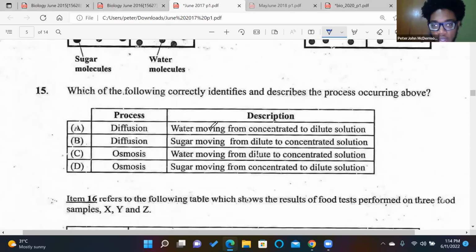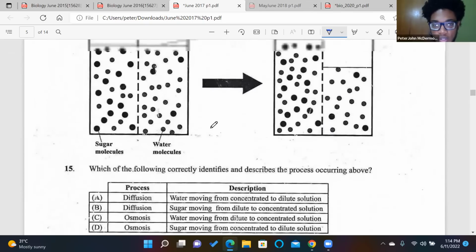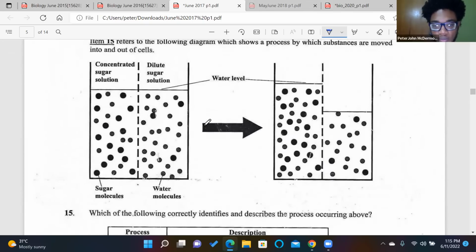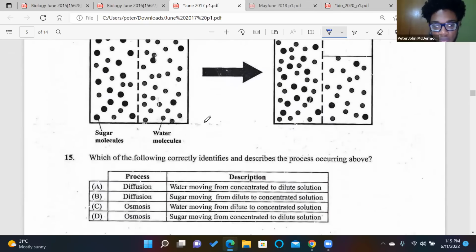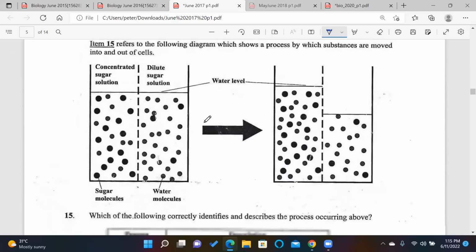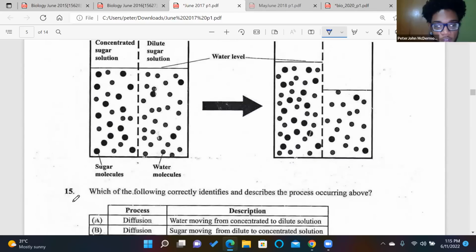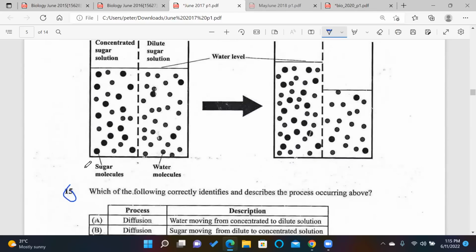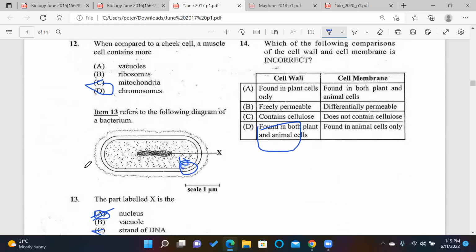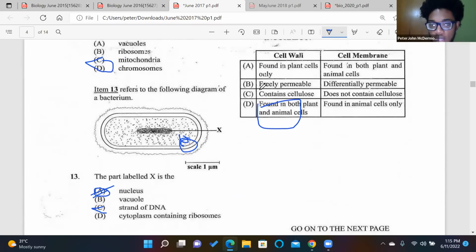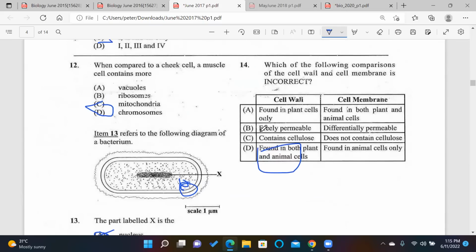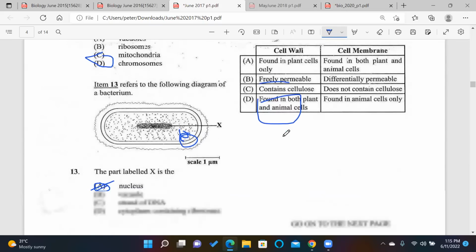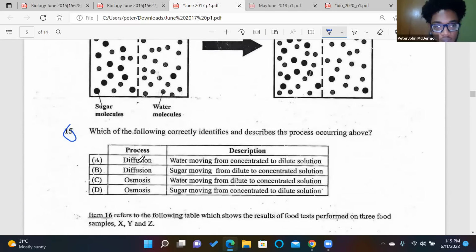Which of the following correctly identifies the process occurring above? B. For this, for B, for 15? Oh, C. You were asking if this could be B? Oh, no, sir. I'm talking about 15. Oh, 15. What are we looking at?